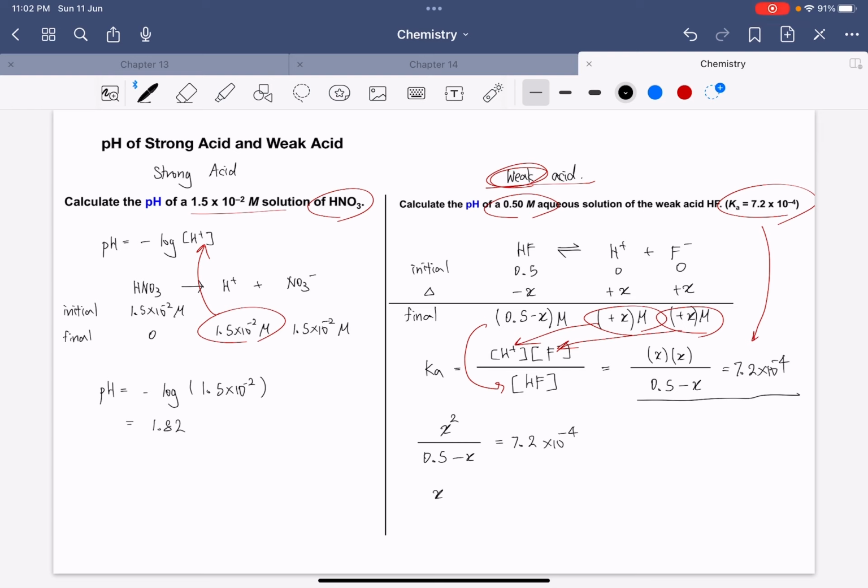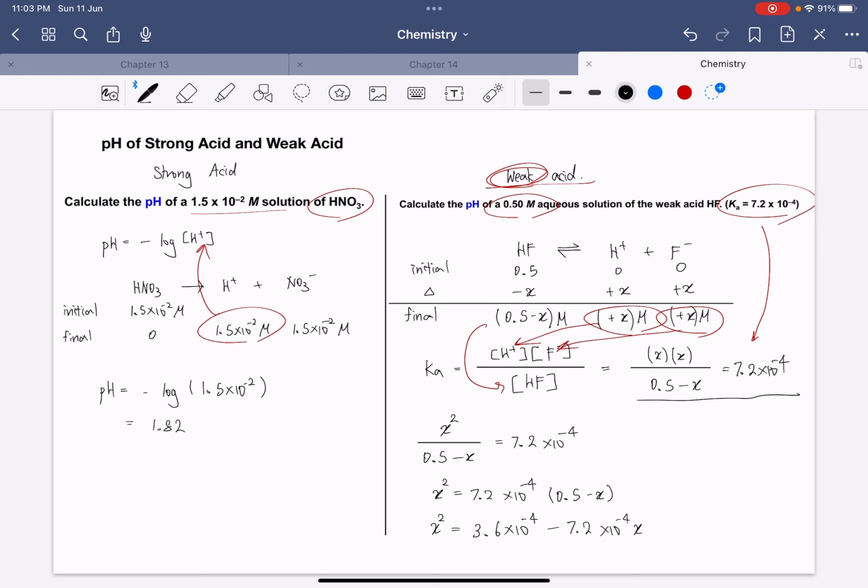Then we get x squared is equal to 7.2 times 10 to the negative 4 multiplied by 0.5 minus x.